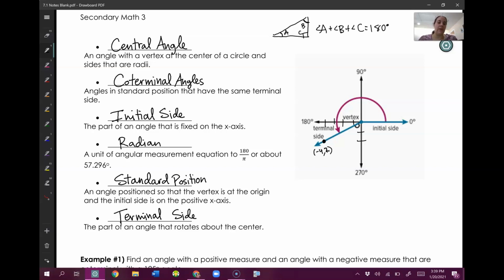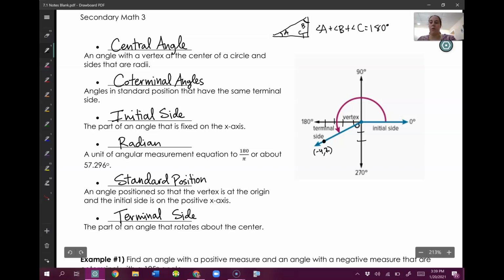So a couple things, we're going to call this right here the initial side of the angle. The initial side always goes on the positive x-axis, always, always, always. Then the terminal side is the side that moves.